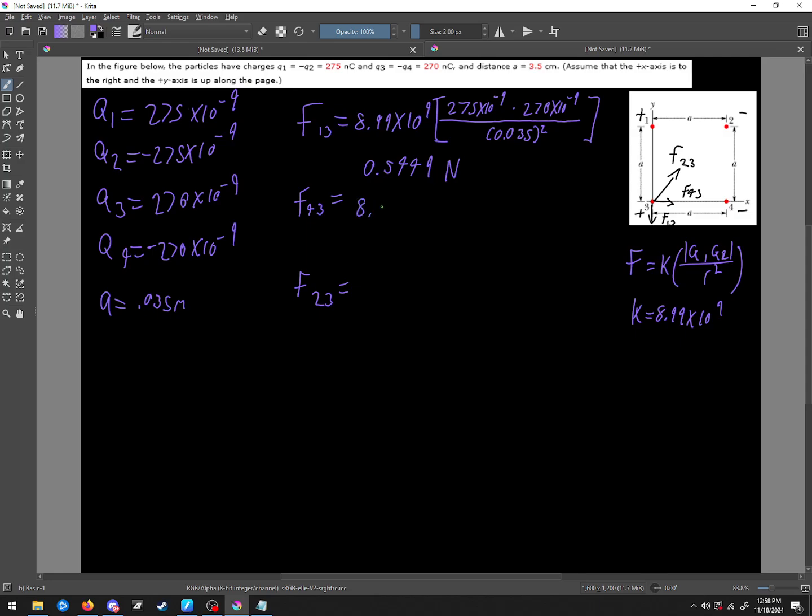This here is going to be 8.99 times 10 to the ninth. And it's going to be Q2, no, Q4. 270, and then Q3 is also going to be 270.